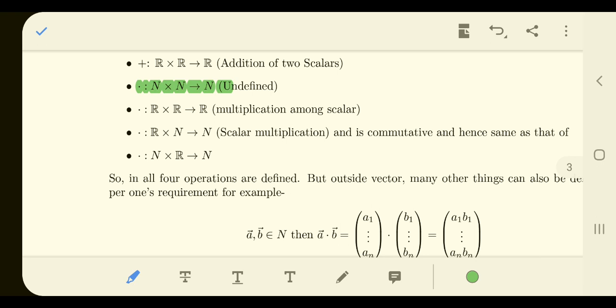Now I can tell you something more elaborately. When we are working with real world problems, we have to devise new algebraic structures, which may be a subset of vector spaces or of the already stated algebraic structures.